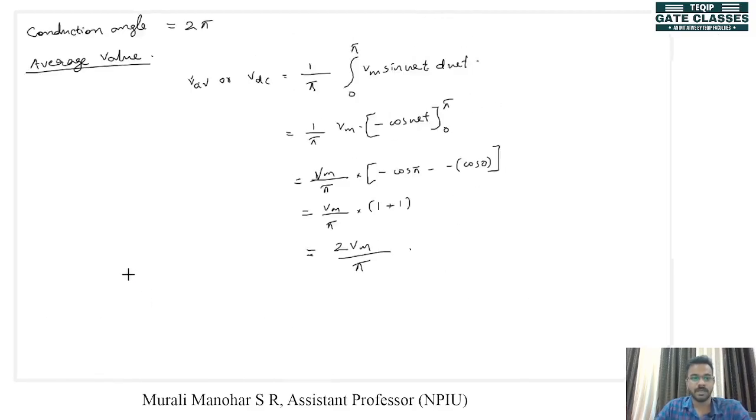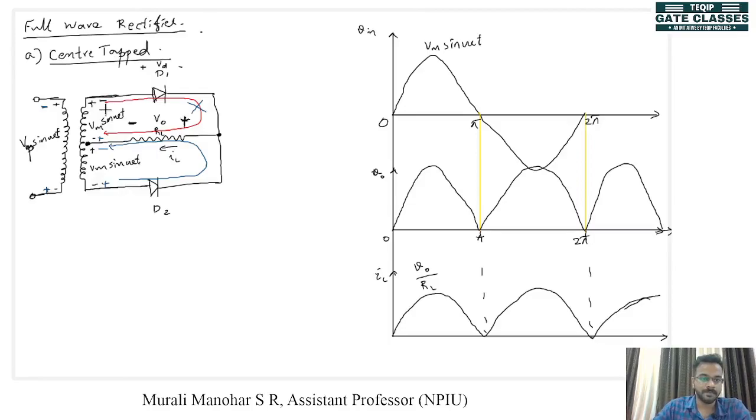So to find PIV, we'll go back to the circuit and look at the circuit when a diode is reverse biased, because PIV is the peak inverse voltage and the diode is reverse biased. Let's say diode D1 is not conducting, so it will be acting like an open circuit. So across this we get the diode voltage plus or minus Vd.